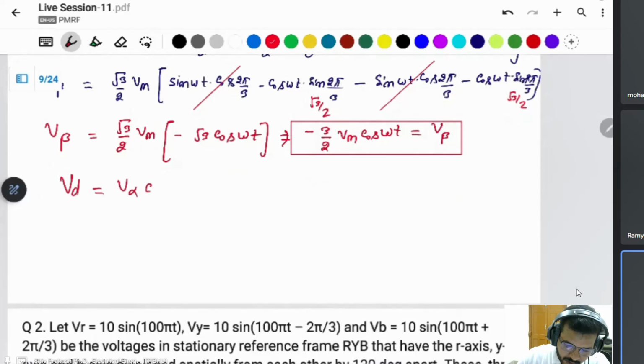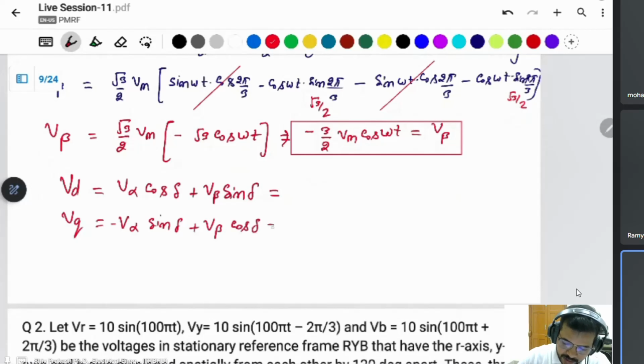Then after you can use simply Vd is V alpha cos delta plus V beta sin delta, then Vq is minus V alpha sin delta plus V beta cos delta.